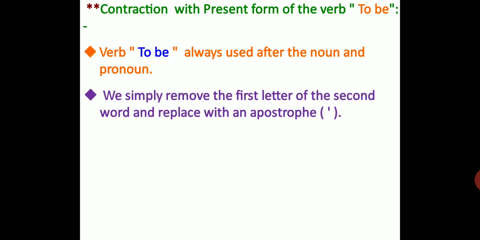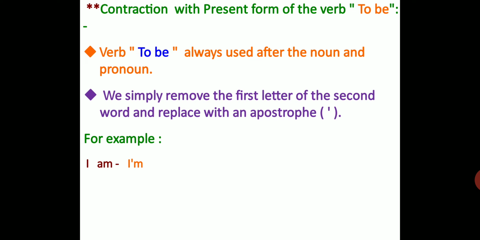So in this case we remove the first letter of the verb to be and put an apostrophe in the place of the removed letter. Let's see the examples. I am. I am. It will be I'm.